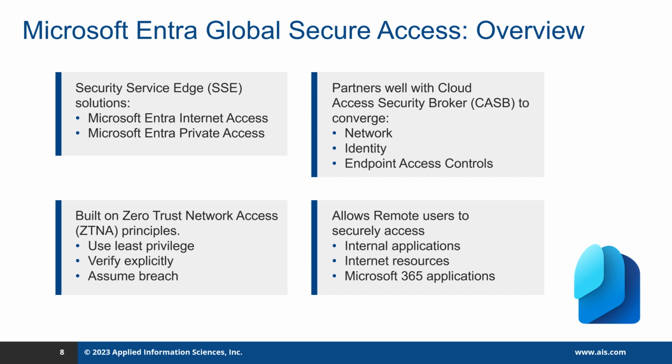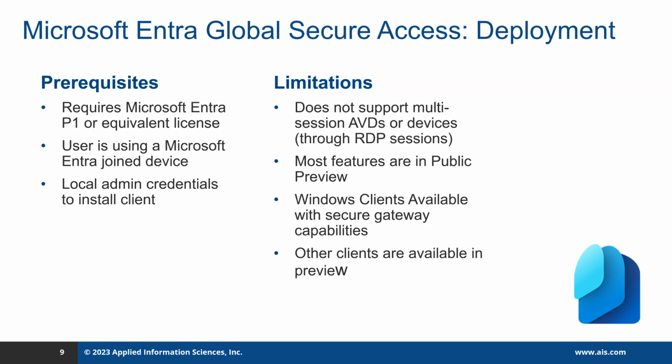What that means is it uses least privilege, it verifies explicitly, and assumes breach. Ultimately, one of the key points is that it always verifies and it never trusts that security implementations are in place. And ultimately, the purpose of Global Secure Access is to allow for seamless access for the users while they do it securely.